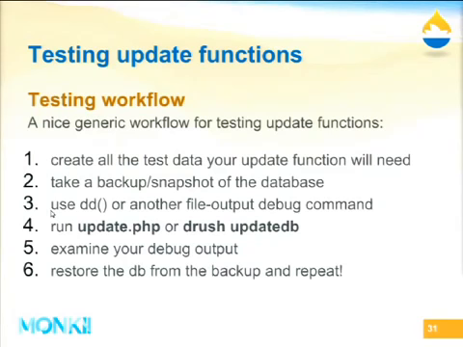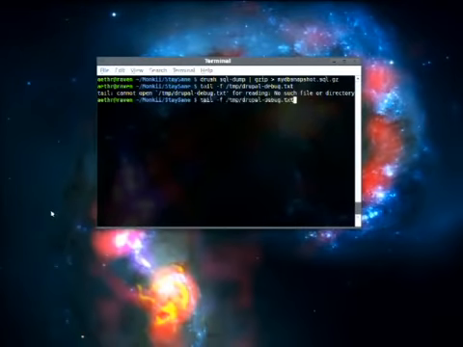If you've got debug output, examine what happened. Go to any page that you need to go to confirm that it worked or how well it worked. If you need to make some tweaks, then you've got to go back and restore the database. So to do that, we use a drush command called sqlc. sqlc basically just lets you put query code straight into the CLI.